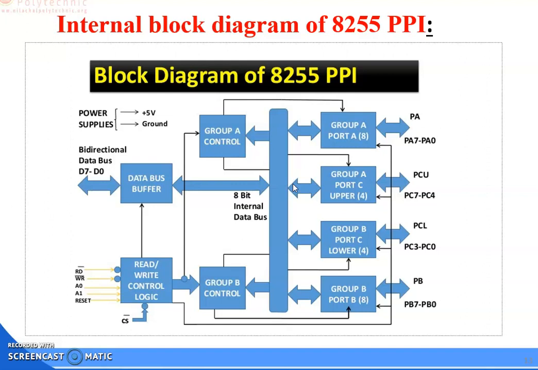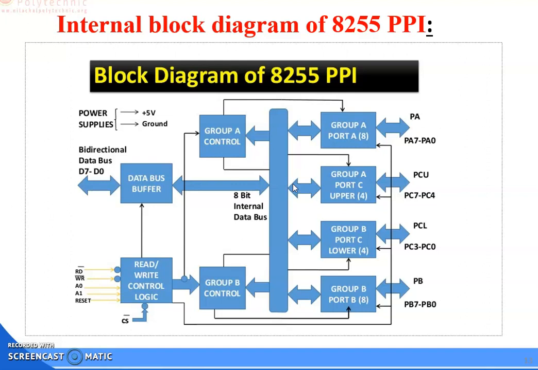Group A consists of port A and port C upper, and group B consists of port C lower and port B. So here three ports are available: port A, port B and port C. Port C is again divided into two halves, one upper and the second one lower.